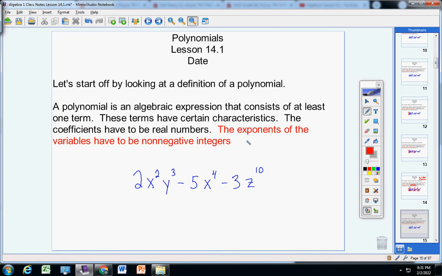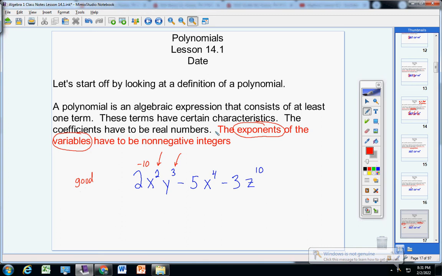Moving on. Now, the exponents of the variables have to be non-negative integers. Well, let's see. There's an exponent. There's an exponent. By the way, hold on. It's exponents of the variables. We don't care about the coefficients. This 2 right here could have a power of -10, and I am totally good with that.